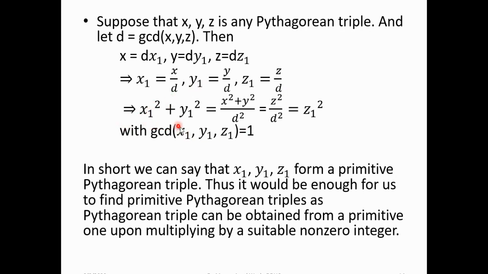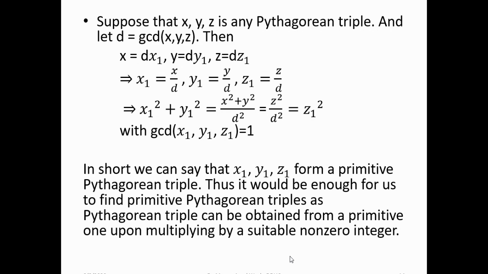This implies that x1 square plus y1 square will be x square upon d square plus y square upon d square, and that can be written as x square plus y square upon d square. And this numerator x square plus y square is z square, so this is equal to z square upon d square, and z upon d is z1, so this is equal to z1 square, with the GCD of x1, y1 and z1 as 1. So in short, we can say that x1, y1, z1 form a primitive Pythagorean triple.